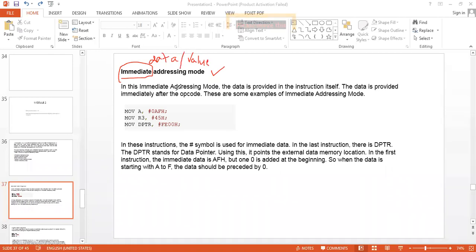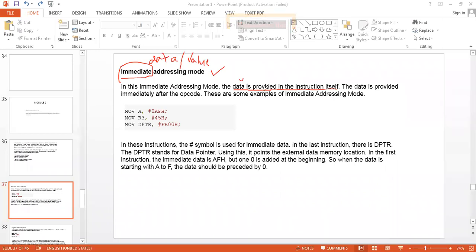Okay, so in this we can see that the data is provided in the instruction itself. So directly in the instruction itself means in the instruction we are giving the data directly. It is not stored anywhere before. Okay, it is not stored anywhere in the memory, not in the RAM or ROM.